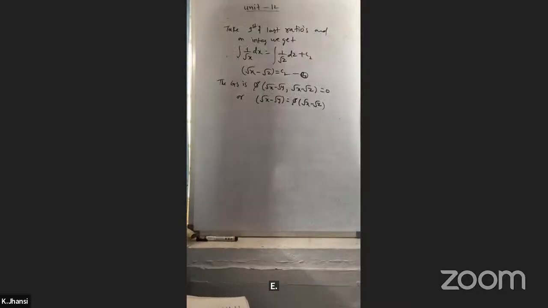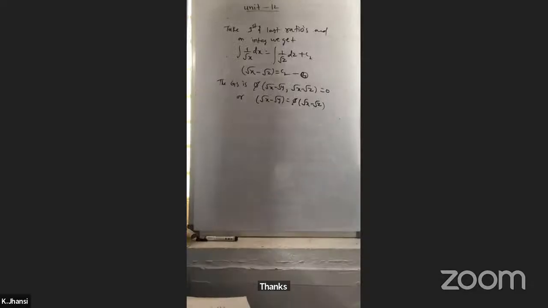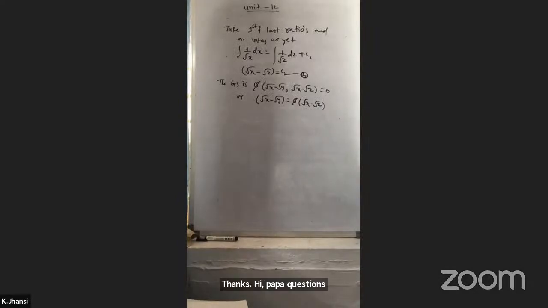12.4.1, 12.4.2, 12.4.4. Page number 263. Next is 265 page number. Third bit is there, no? I have told just now.